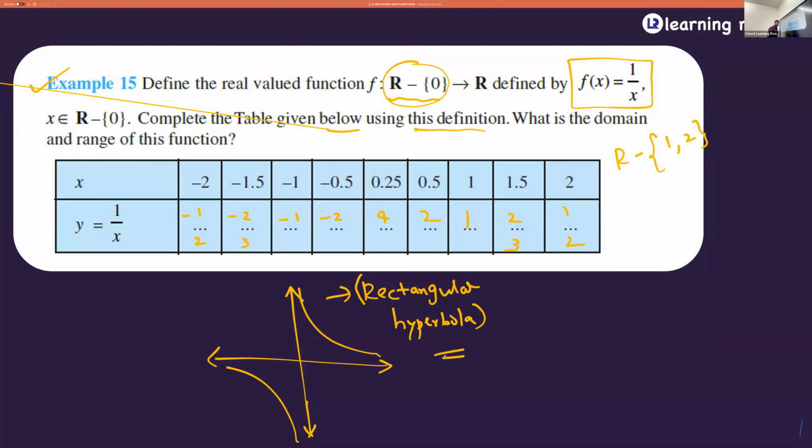When you learn thermodynamics, we'll be learning some graphs. There you will see these kinds of graphs. This is called a rectangular hyperbola. This graph is obtained only for 1 by x, not every rational function.